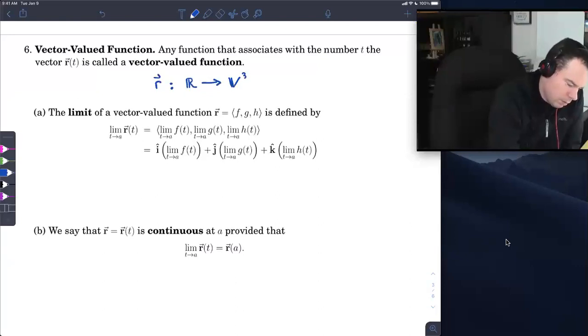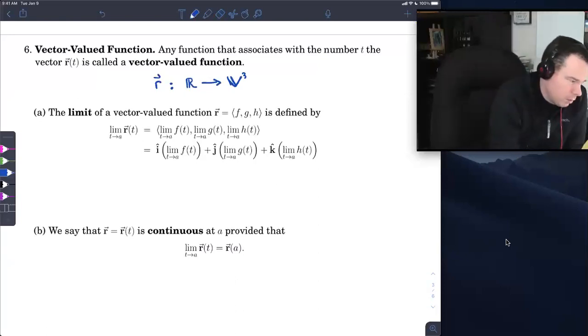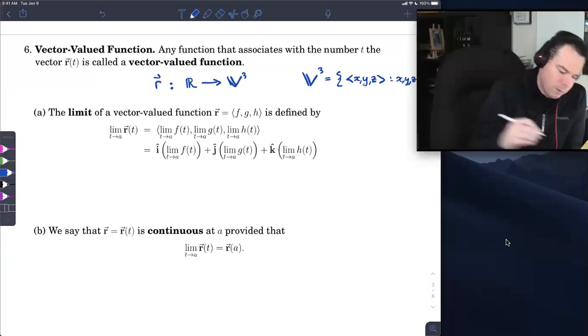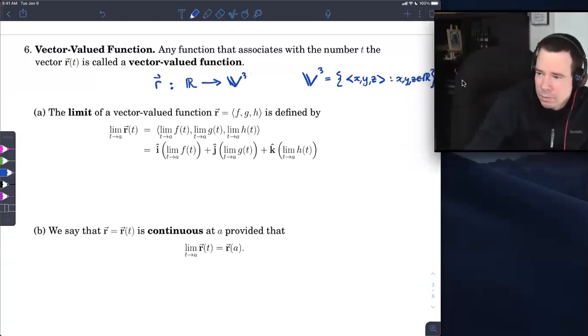So we usually write this as a boldface v, like this, a v with two bars on the side. And what this vector space V3 is, it's just the set of all three-dimensional vectors where x, y, z is in R. Okay, you may say, why didn't I write R3 there instead of V3?